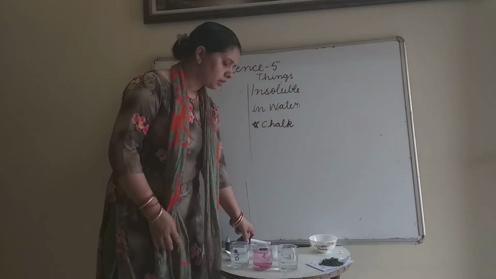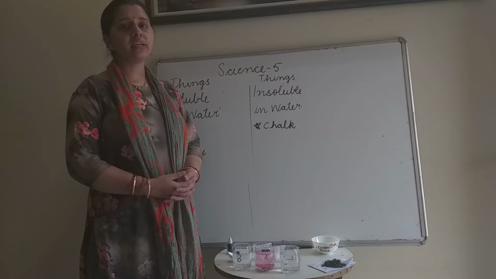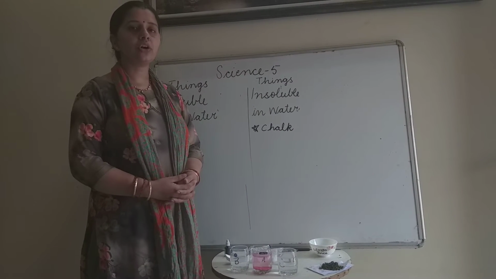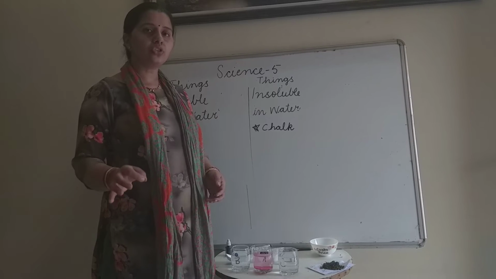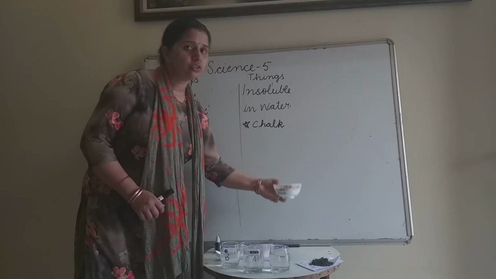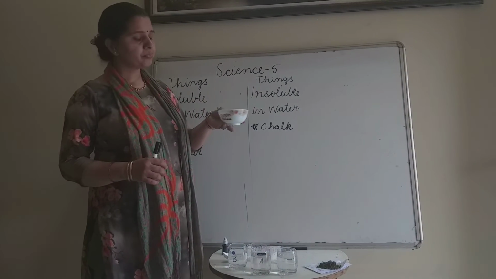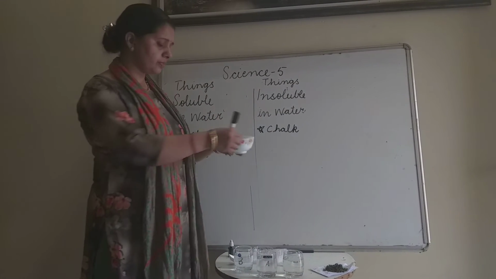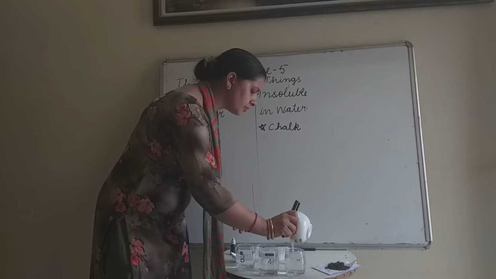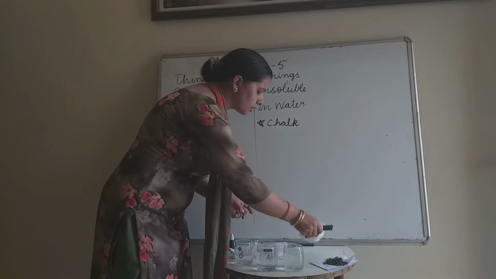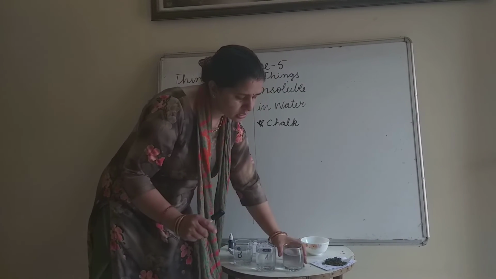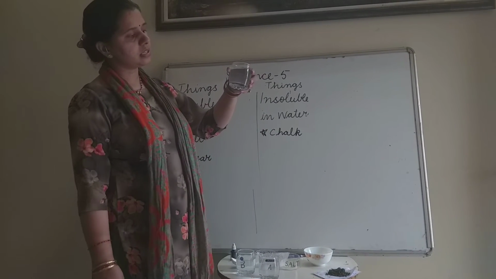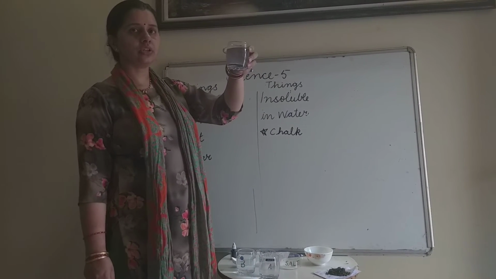And now I am dissolving lemon juice in water. Now you tell me lemon juice will dissolve or not? Now I am going to show you lemon juice. It will dissolve in water or not. So I am mixing this in container and no need to stir this, and you can see lemon juice has dissolved.